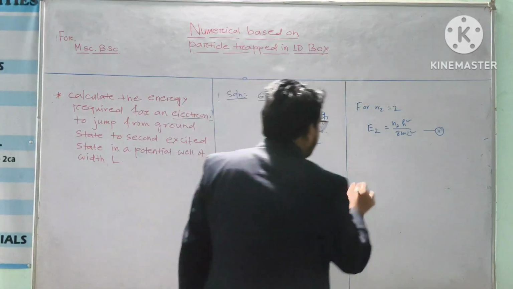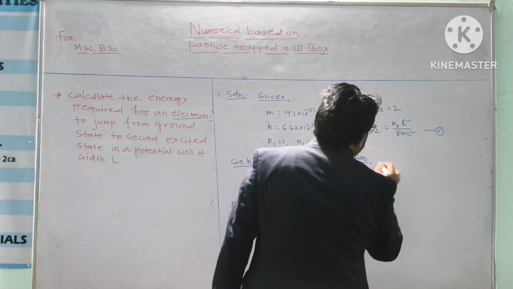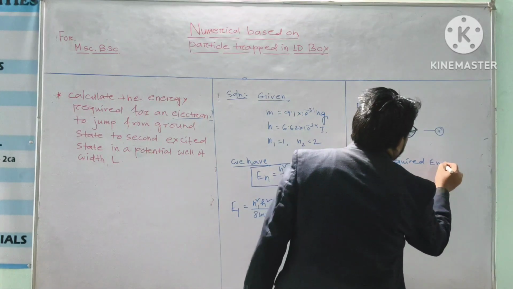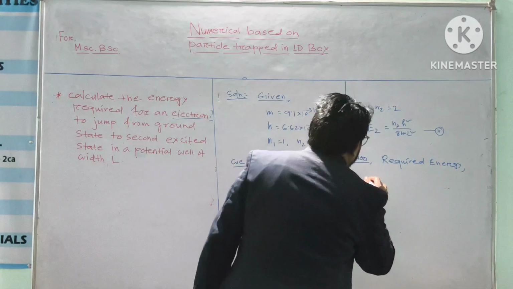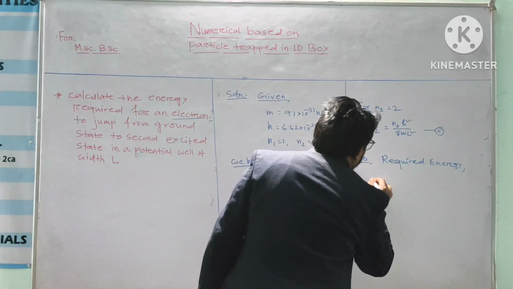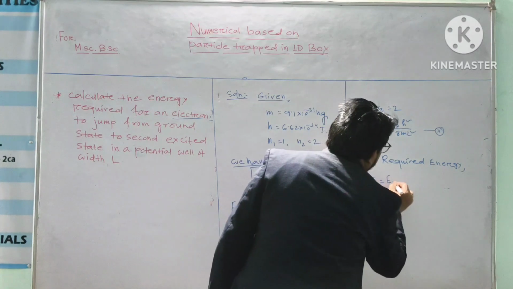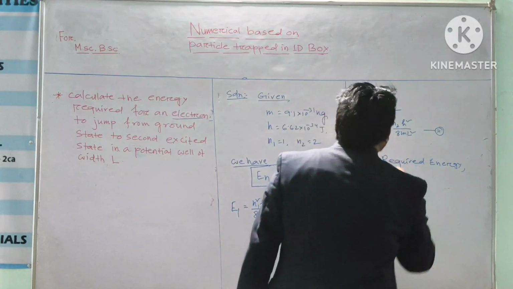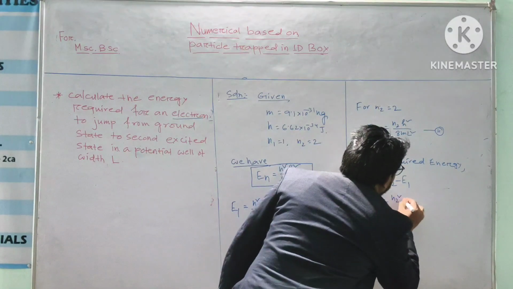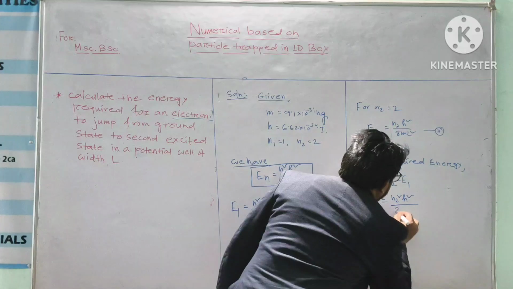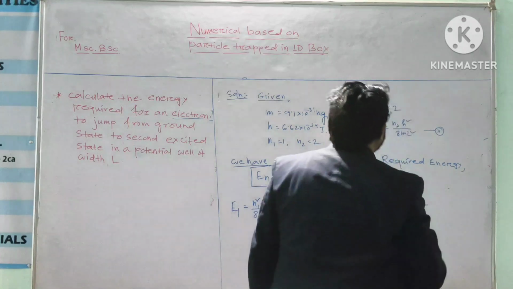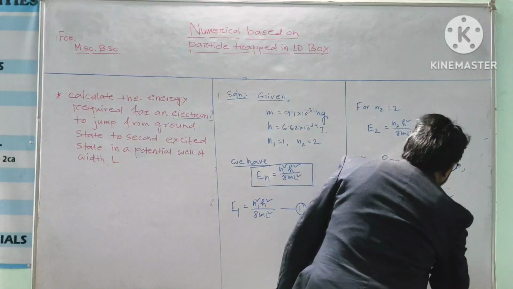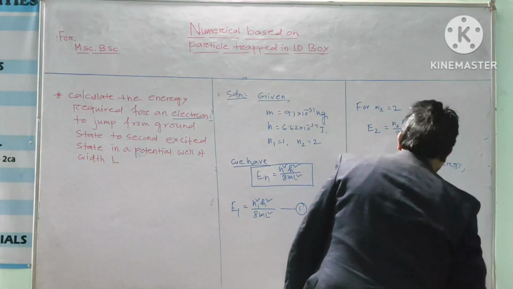Now the required energy is equal to E2 minus E1. The value of E2 equals n2 square h square divided by 8m L square, minus E1, the value of E1 equals n1 square h square divided by 8m L square.